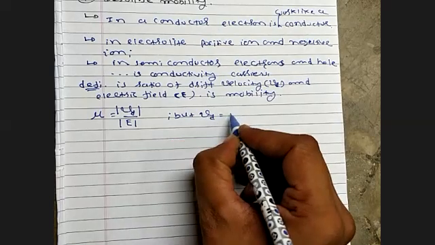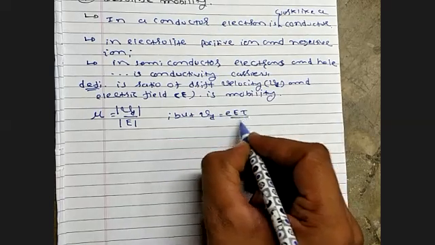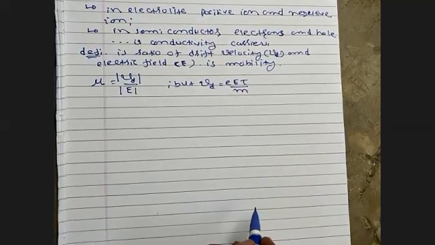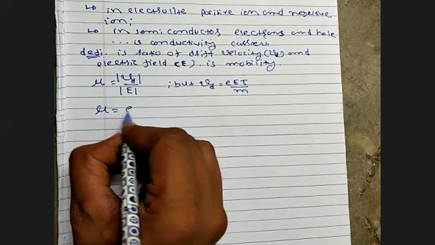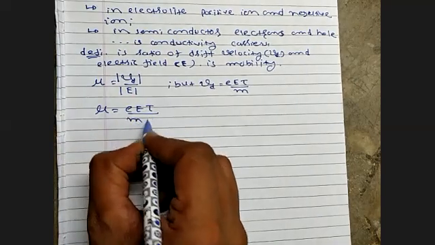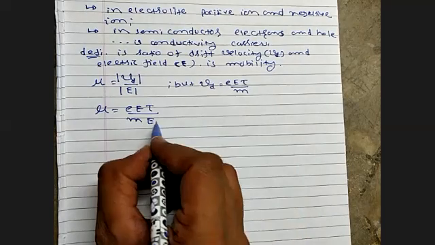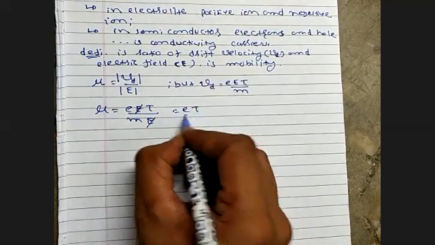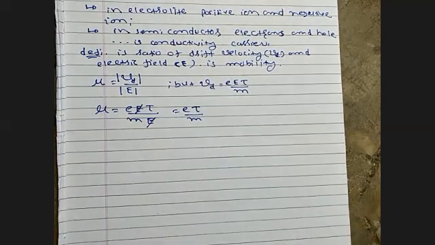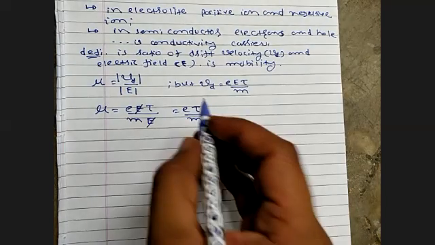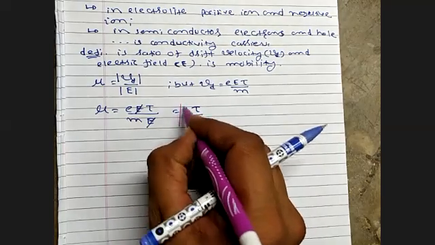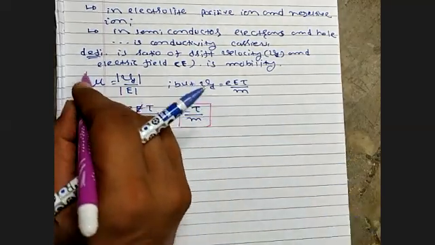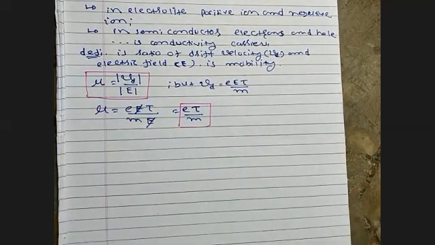We know that VD is equal to E tau upon m. Put it here, so mu is equal to E tau upon m into E. E cancels, so mu is E tau upon m. That is another view of mobility. The first view of mobility is VD divided by E.